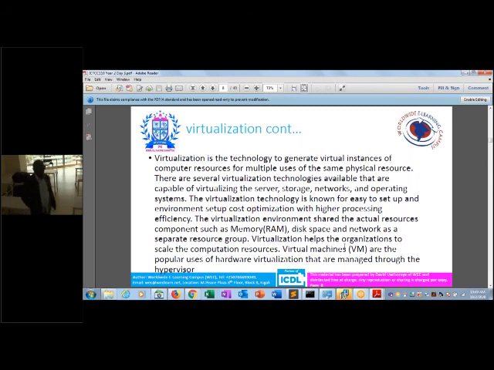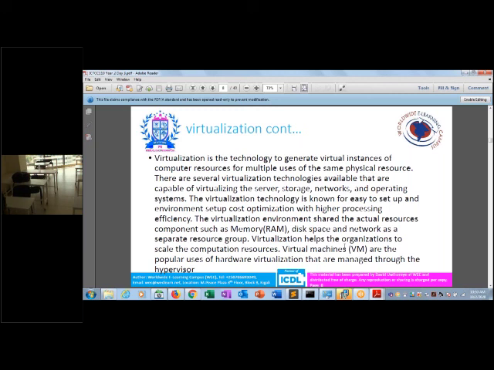Virtualization technology is known for being easy to set up, with environment setup cost optimization and higher processing efficiency. The virtualization environment shares the actual resource components such as memory, disk space, and network as separate resource groups. So by using virtualization, we can create virtual servers, virtual memory, virtual storage, virtual network, and virtual operating systems.